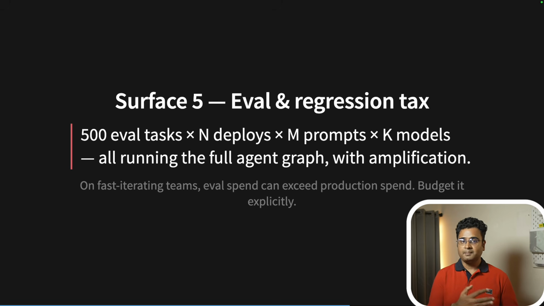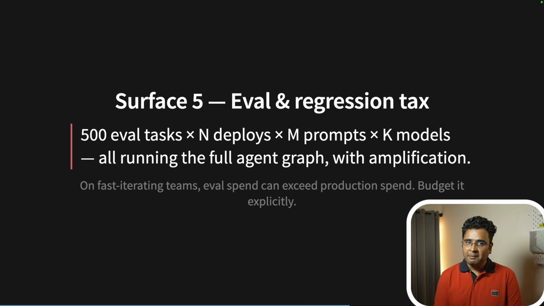It should produce a pass fail metric. And those runs are inference calls, actually. And these inference calls are going to cost money. So if your eval suite has 500 tasks and you run it on every deployment, you're actually buying 500 agent calls with all the amplification surfaces that I've just described. And this is just for the privilege of deploying.